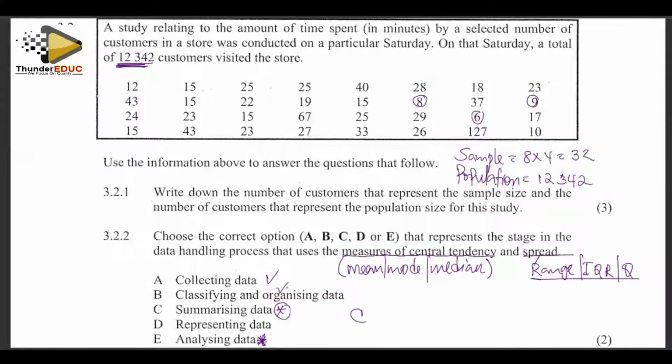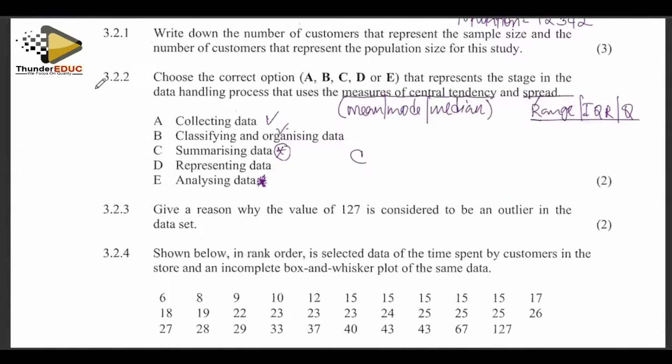You see? But this is in hundreds. So it's at the extreme. So it's considered an outlier because it is at the extreme end of the data set.